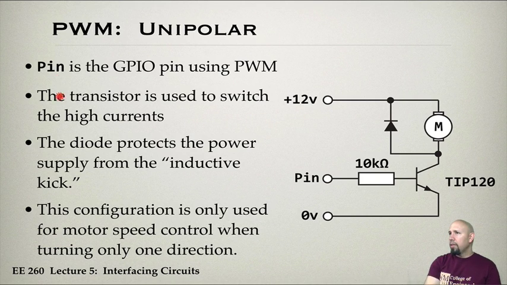The transistor here can be used to switch high currents. Notice this is a different transistor, a TIP120, and notice I don't have 5 volts, I have 12 volts. Because this is not connected directly to the Arduino, it's not going to see that 12 volts.